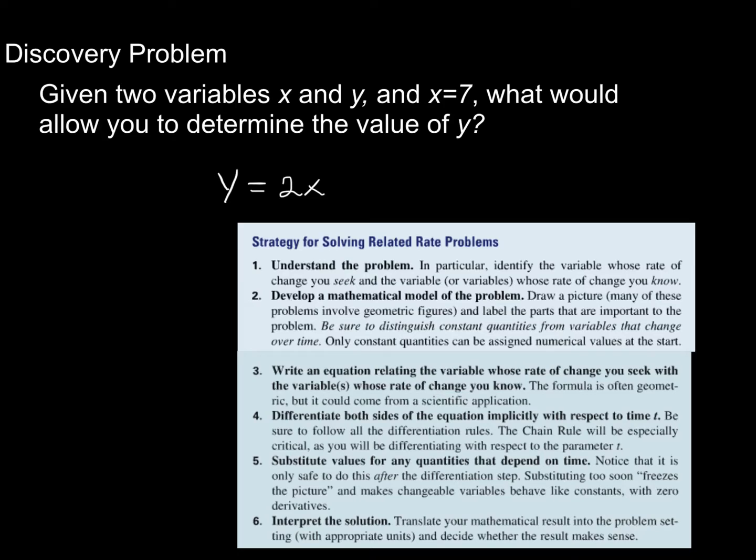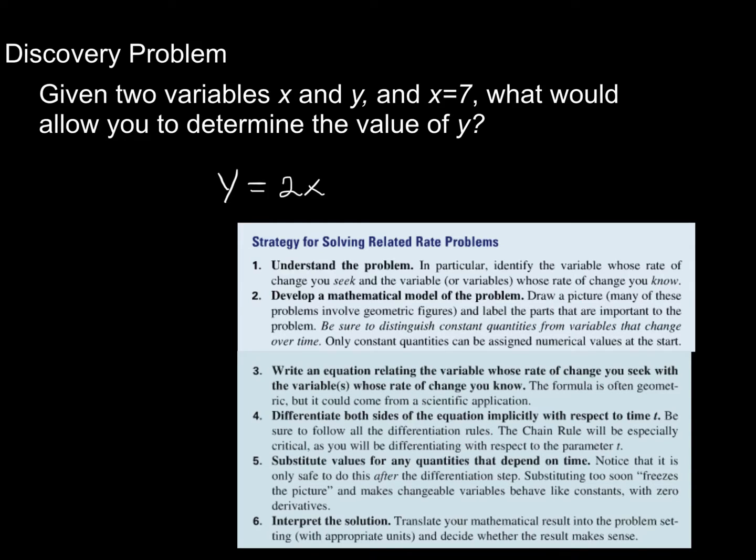In order to get to that step, where in step 4 we're differentiating an equation in order to get this relationship of rates, we have to spend a lot of time understanding the problem, developing a mathematical model, and drawing a model picture of the situation, so that we can then accurately write an equation that involves the variables for the rate of change that we seek and the rate of change that we know.